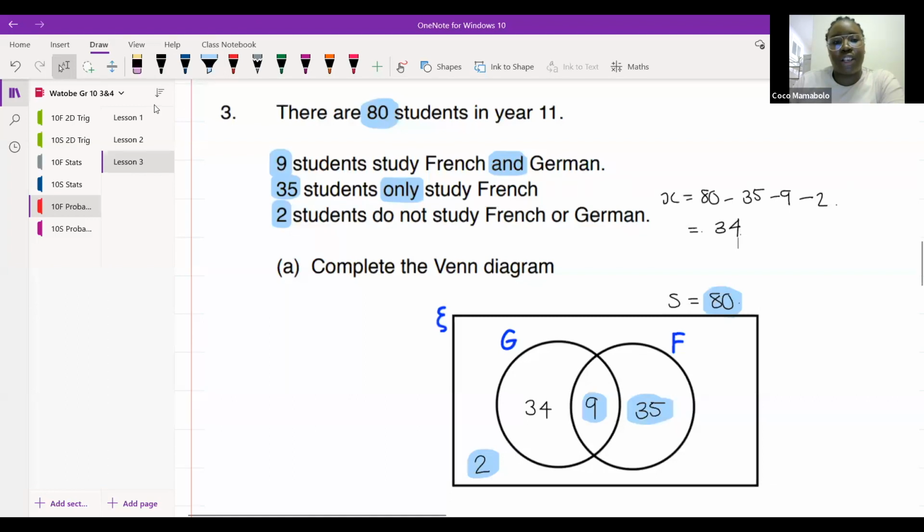Good stuff. Jared, how are you doing, Jared? Hello, ma'am. I just wanted to ask, if we use our own method in grade 11 or 12, would we get marked down for that? You mean your own method in finding X? Yes, ma'am.